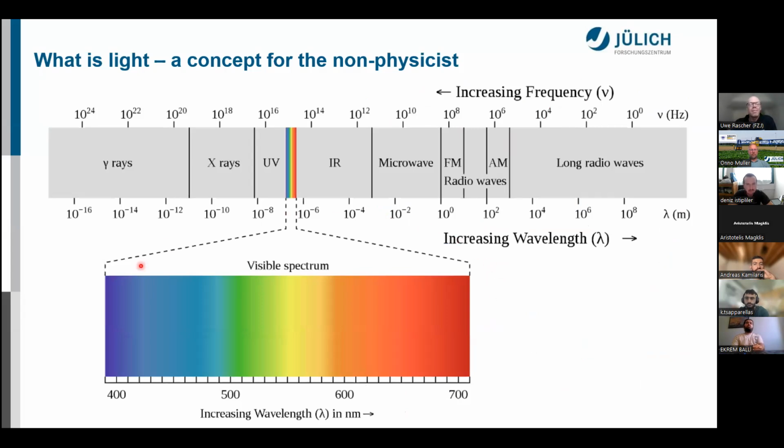The visible light, which we normally speak about when we speak about light, is just a very small, tiny window in the middle of this whole range of electromagnetic radiation, which we can use for measurement purposes, and which is also emitted by the sun or the greenhouse lights in our measurement facility.